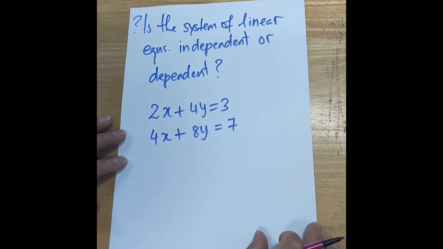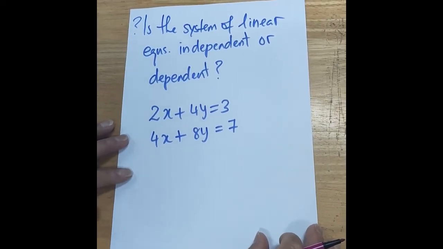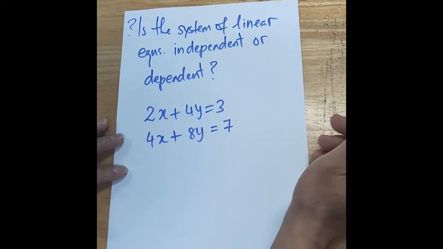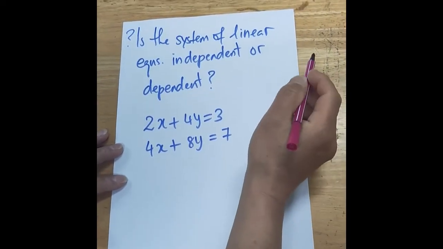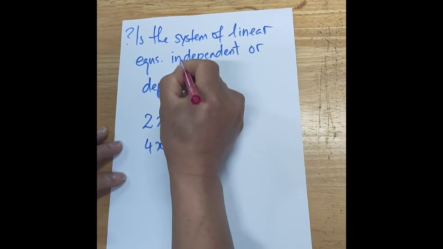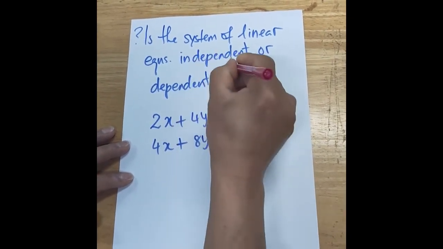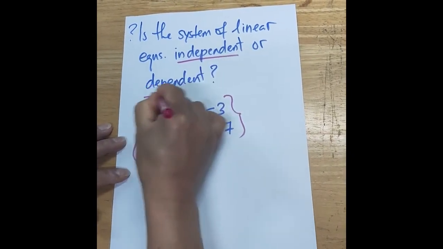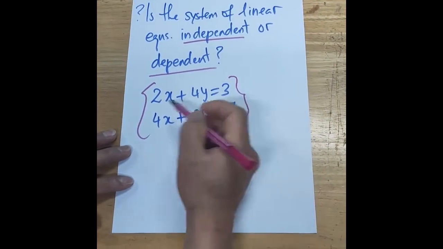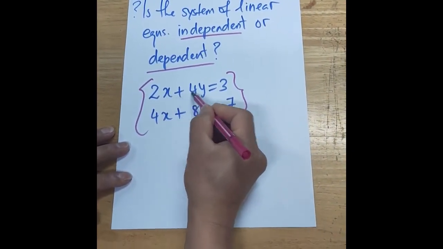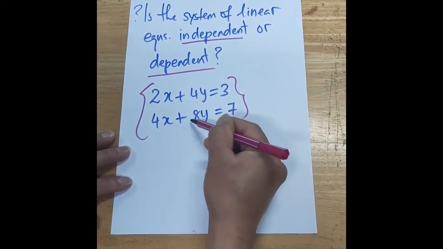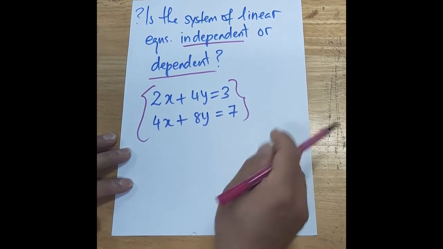Now let us go through an example to determine whether the system of linear equations is independent or dependent. In this example, we are asked to verify whether this system is independent or dependent. Our first equation is 2x plus 4y equals 3, and our second equation is 4x plus 8y equals 7.